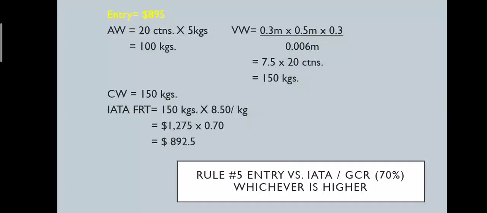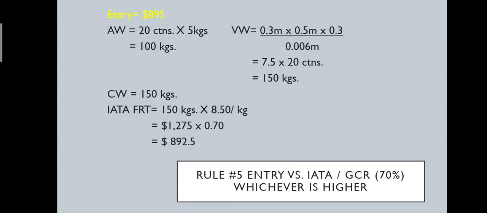So ato siya multiplied, then makakuha ta og $1,275. Dayon i-multiply nato siya og 70%. Kay naa sa rule number 5, 70% sa IATA or GCR rate. So makuha na ta og IATA freight nga 892.5.